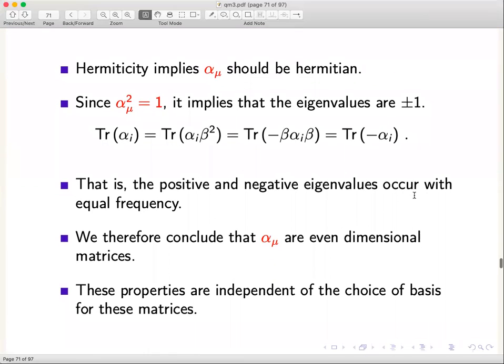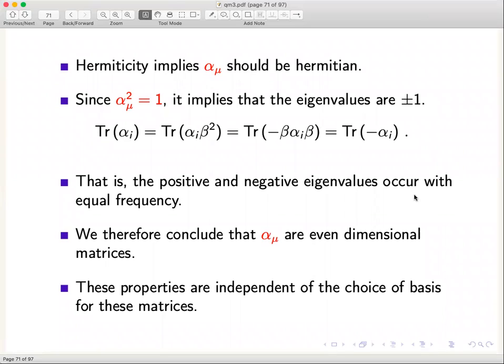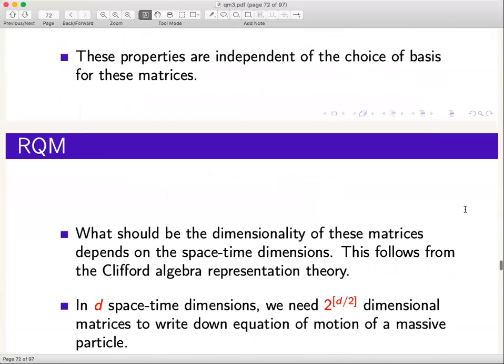So if 2 by 2 matrices don't work, we will need 4 by 4 matrices as the minimal set to work with in 4 dimensions. Of course, if you are working in, say, 3 dimensions, then 2 by 2 matrices would do the job for us.